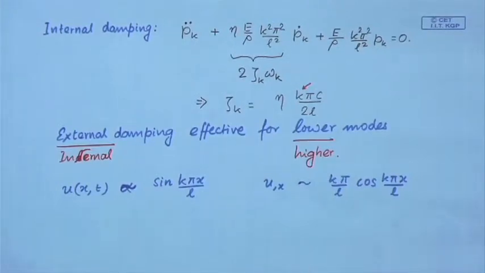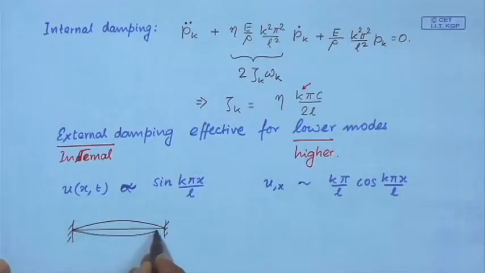On the other hand, if you consider this external damping, if you look at, say for example, the first mode of the bar or the string looks like this, the second mode looks like this, the third mode looks like this.